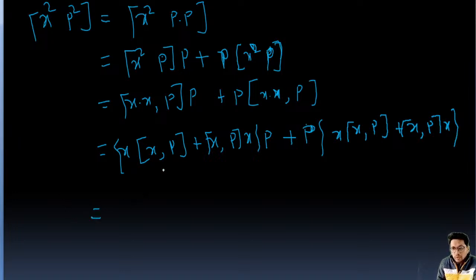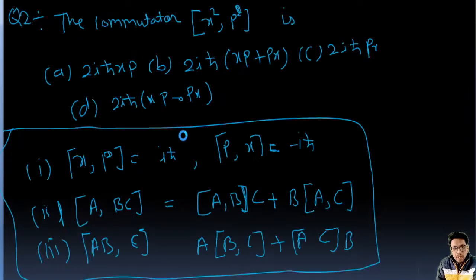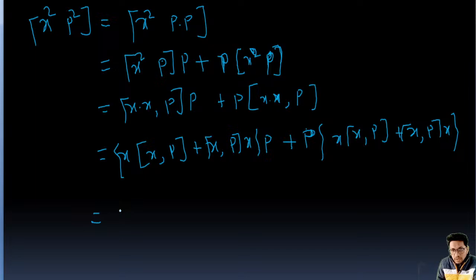We know the value of xp, I have already mentioned, this is i h cut. We'll put the value. So this is going to be x i h cut plus xp is i h cut x. This is 1.